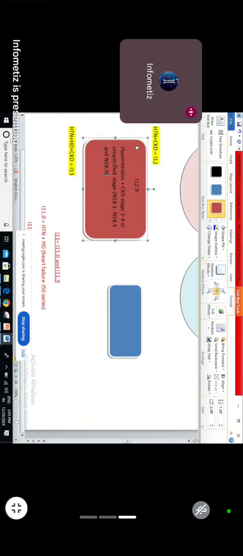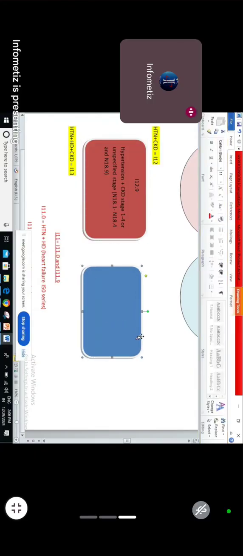ESRD is not there; for ESRD we have N18.6. So stage 1 to 4 or unspecified stage will come as N18.9.